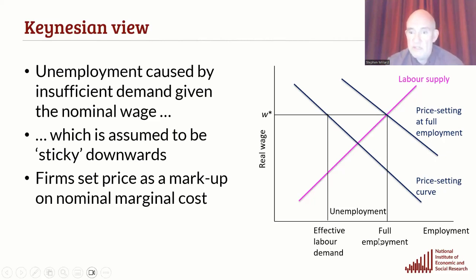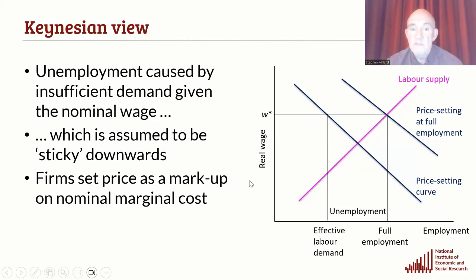There's this other concept here called full employment. And now we're really thinking in terms of workers: how many workers are out there versus how many are actually working, how many are demanded. And the gap between the two is unemployment. So Keynes's answer was not that wages should come down, it's that demand needs to increase.